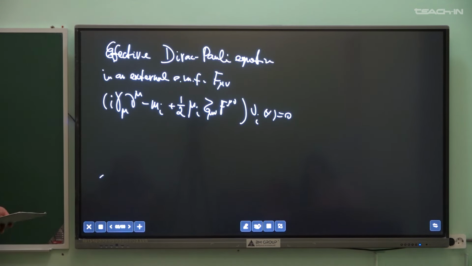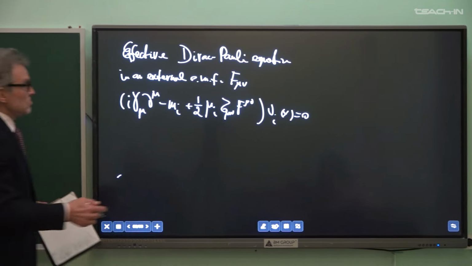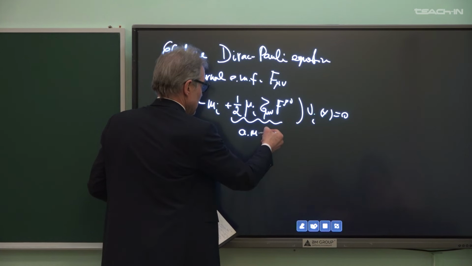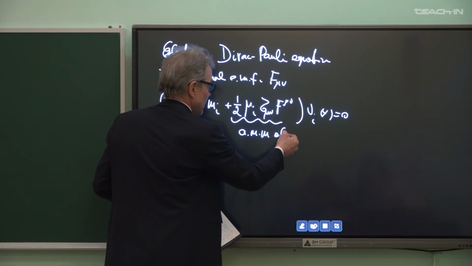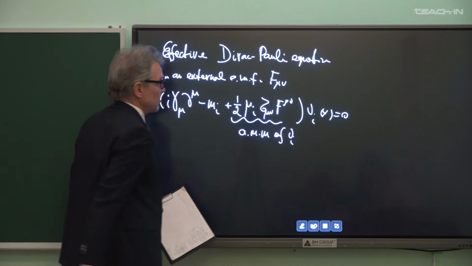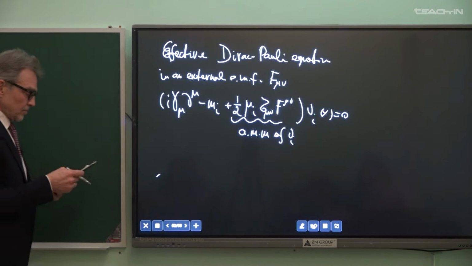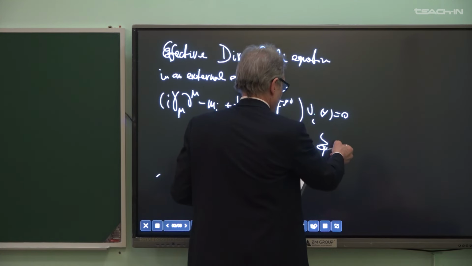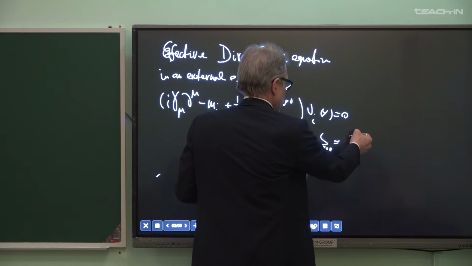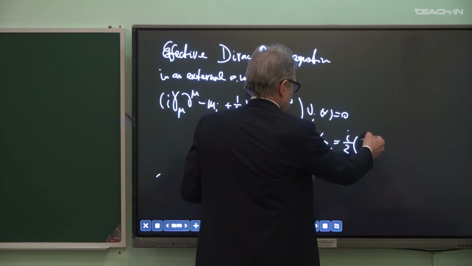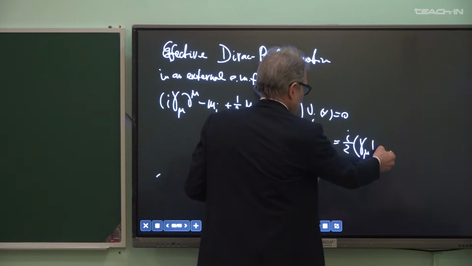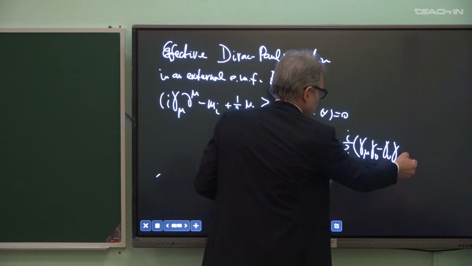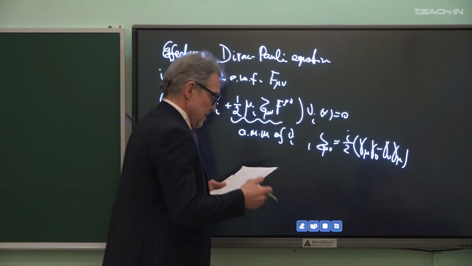This is the well-known Dirac-Pauli equation that accounts for the anomalous magnetic moment of, in our case, neutrino. So I just recall f mu nu is the combination of Dirac matrices like this. Of course, it's very common, and you know this.